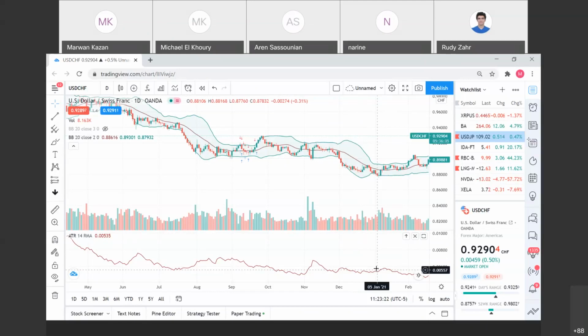Today it changed 0.002, so we still have a chance. But if it has already moved 0.005, we know that it won't move a lot anymore. Now, this is more for day traders, for very short-term traders. It's useful to look at the ATR.